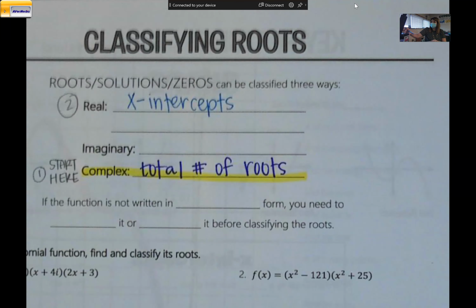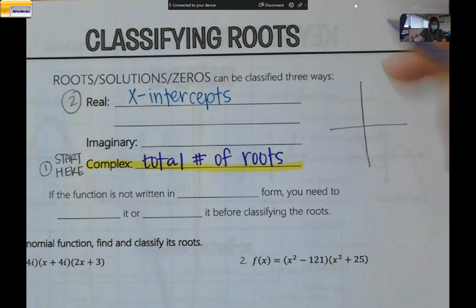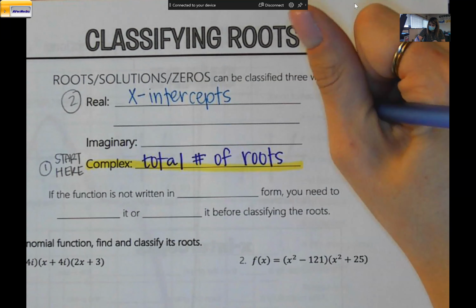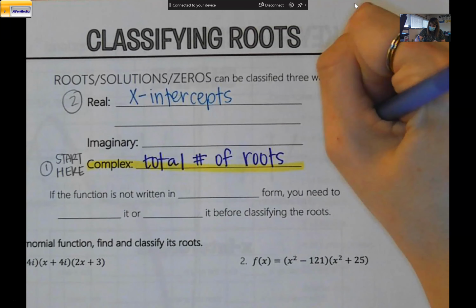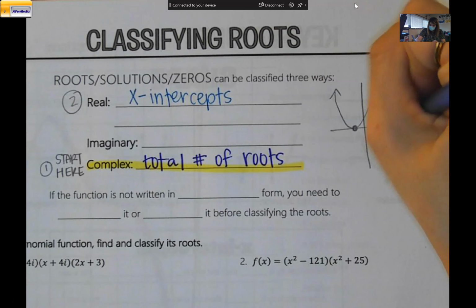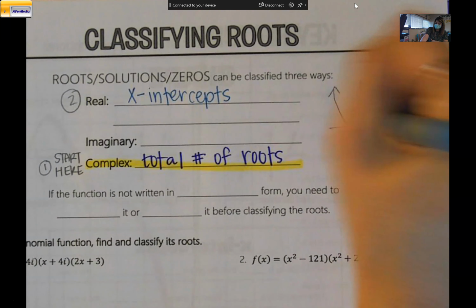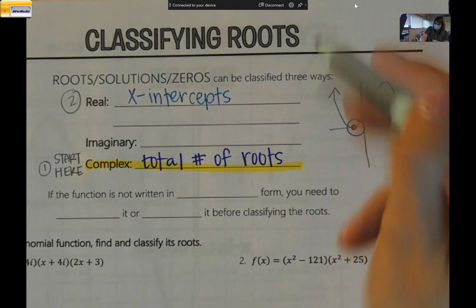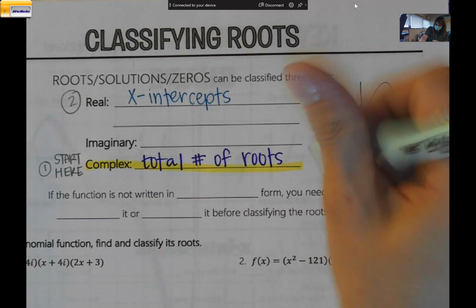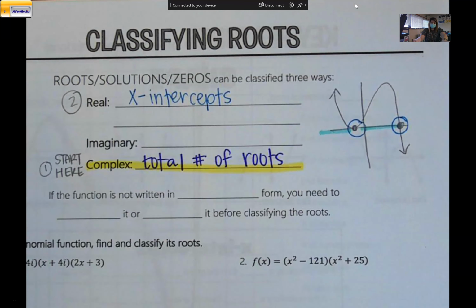So I'm going to zoom out just a little bit and draw a picture. These guys that I have drawn here are real roots. They are touching or crossing that x-axis. So real roots, you can see them.